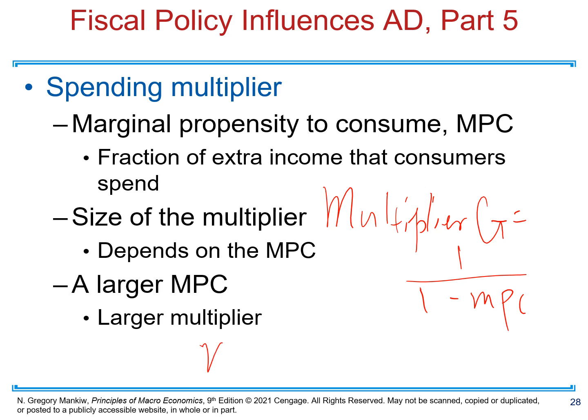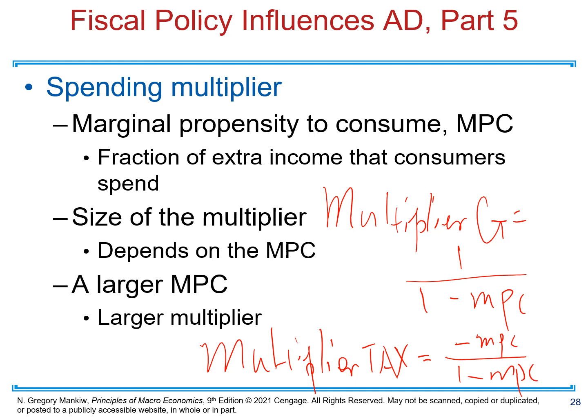And the multiplier on tax equals negative MPC over 1 minus MPC, right? So know which one to use depending on the fiscal policy, and you're going to see both of these on your quiz for this week, okay?